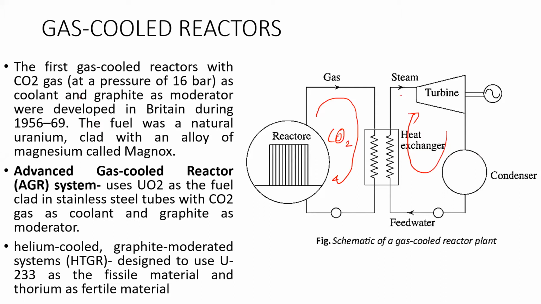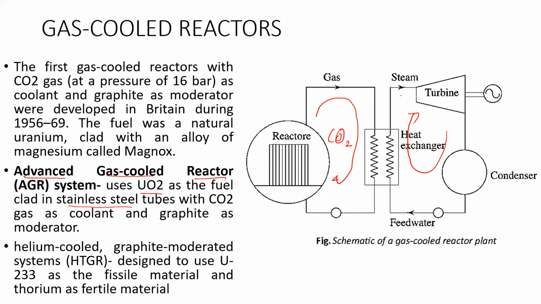Again, there are various types of gas cooled reactors. One is the AGR, that is advanced gas cooled reactor, which uses UO2, uranium dioxide, as the fuel, and it is clad in stainless steel.